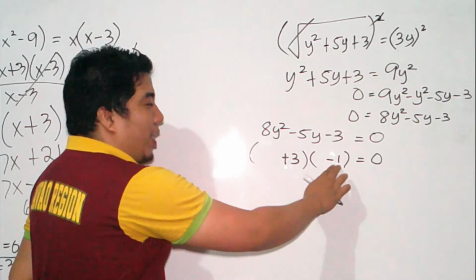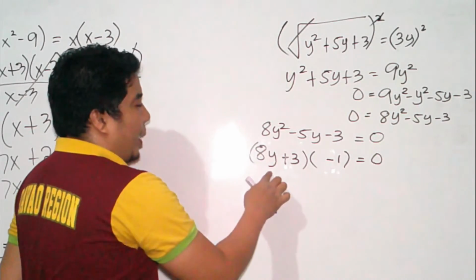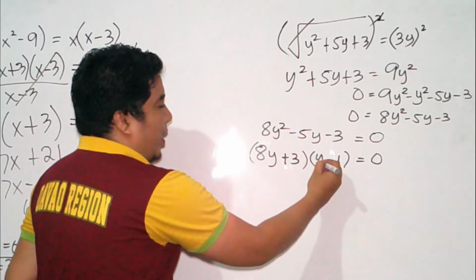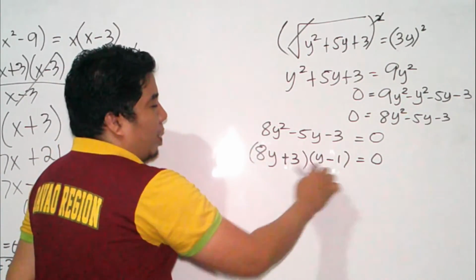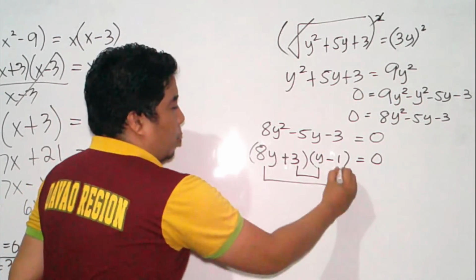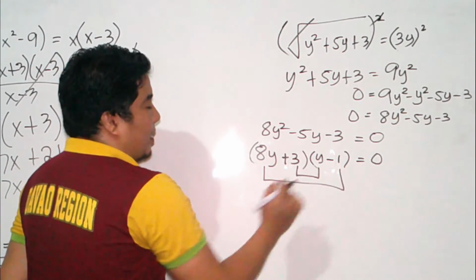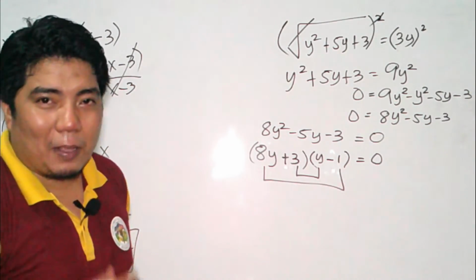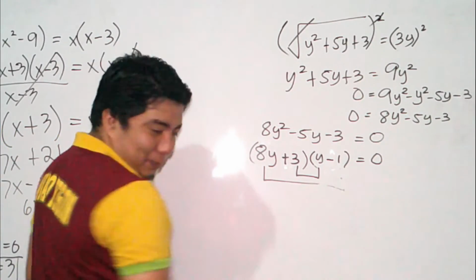So, in order for it to be multiplied to 8, we should put our 8 here. So, that is 8y, and the other one is y. Okay, why? Because if we multiply this one, 8y squared. If you multiply this one, that is negative 3. But if you multiply these two and then add them together, that will give you negative 8, positive 3. The result is negative 5. Okay, so our factors are correct.